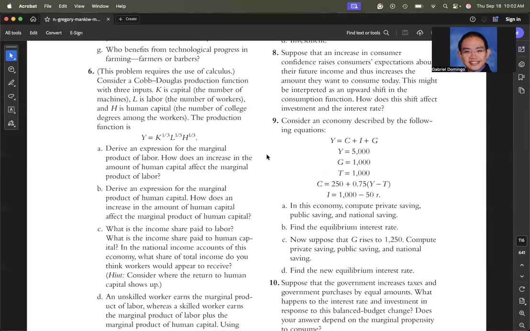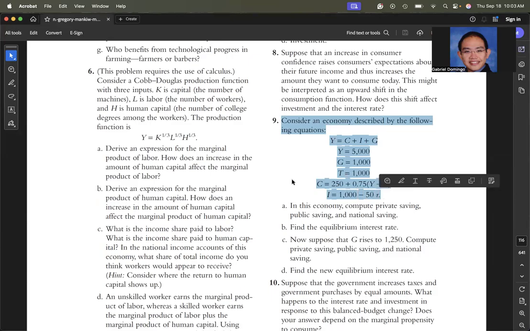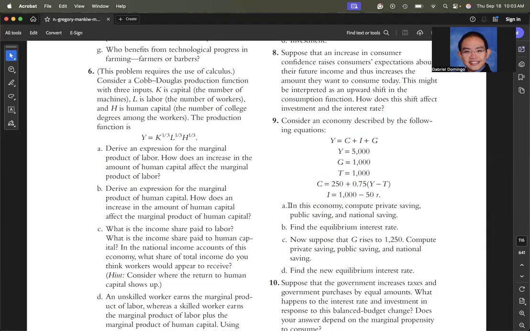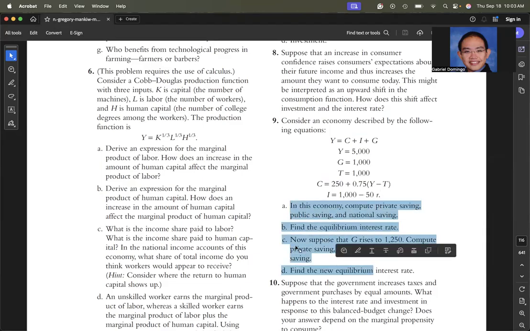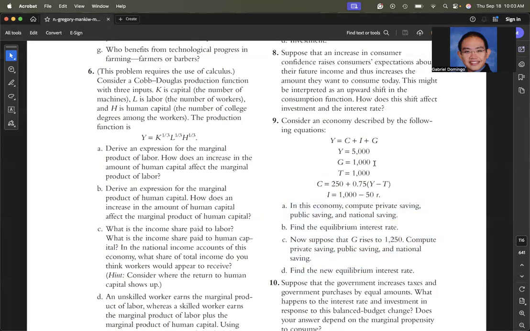And then once you do that, you can also solve something like this. You can try solving A, B, and C. You should be able to solve A, B, and C. Notice that these are the same things that we had discussed before. Y is Y bar, which is 5,000.